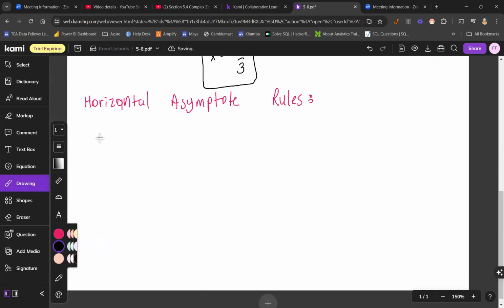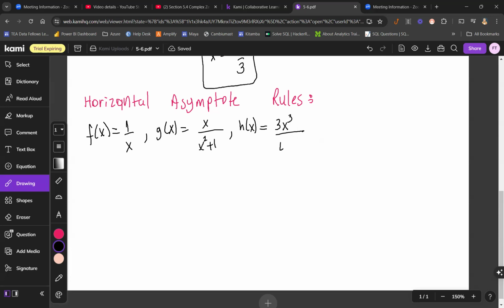So if you have a question like 1 over x, or it might be something like x over x squared plus 1, or it might be something like 3x cubed plus 4x to the 4th minus 5. Whenever the bottom has more degree than the top, if the degree at the bottom is greater than the degree at the top, your horizontal asymptote is always the same answer, which is y equals 0. This is rule number 1.